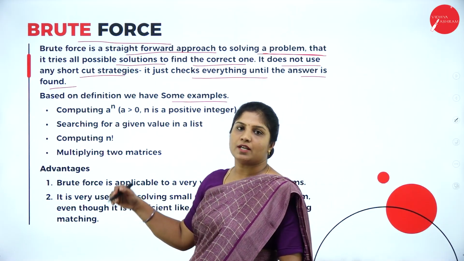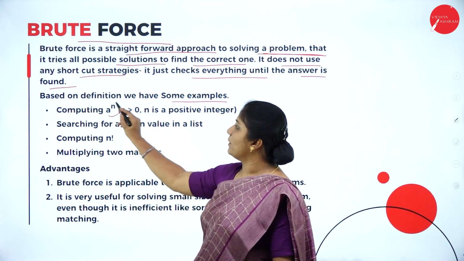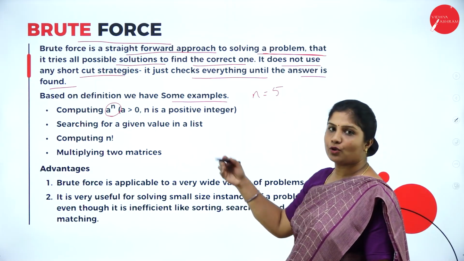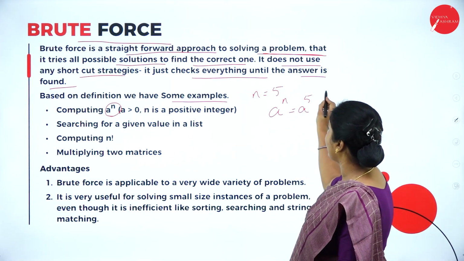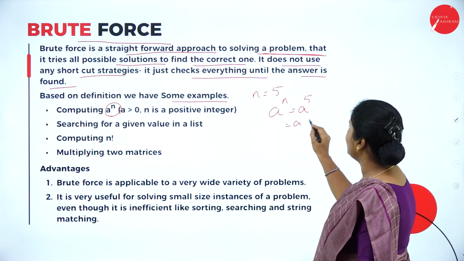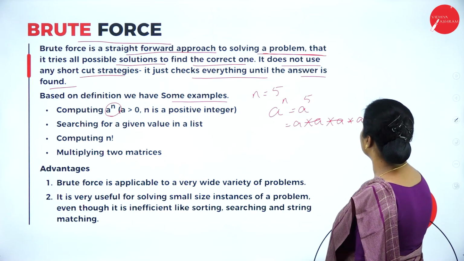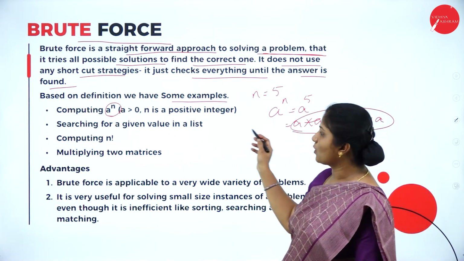Here we have some of the examples. Using brute force, we can find, which are those? Computing a power n. So if the n value is 5, I need to compute a power 5, which means a into a into a into a into a.